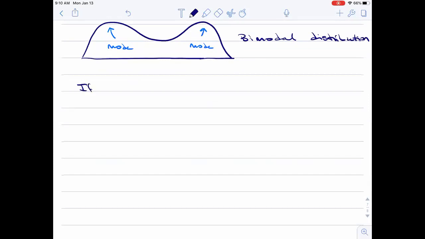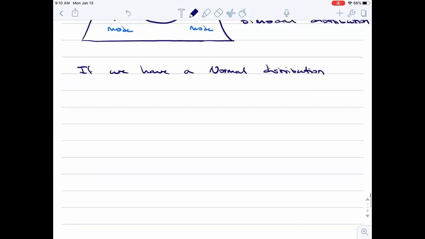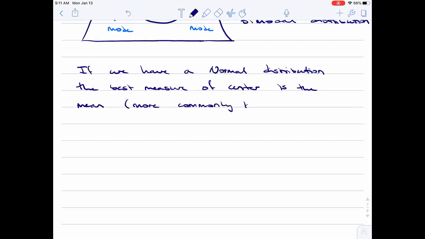So if we have a normal distribution, the best measure of center is the mean, more commonly known as the average.